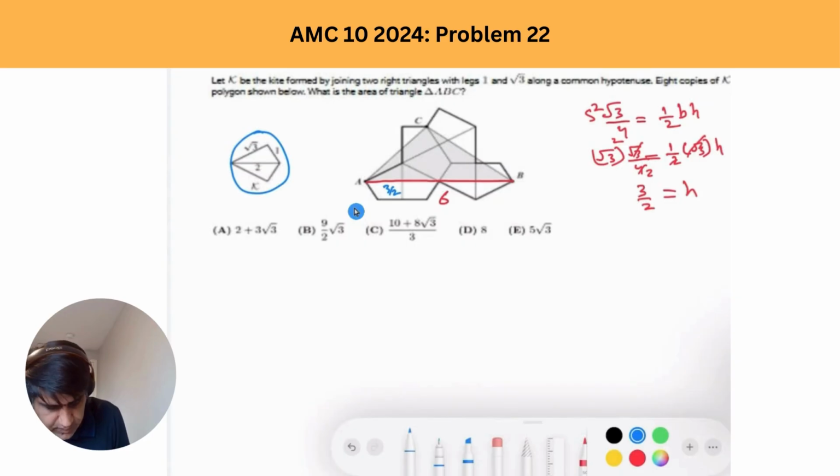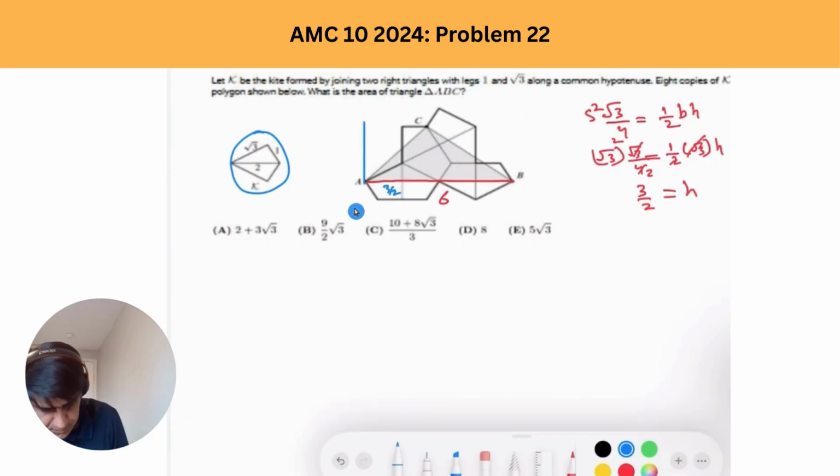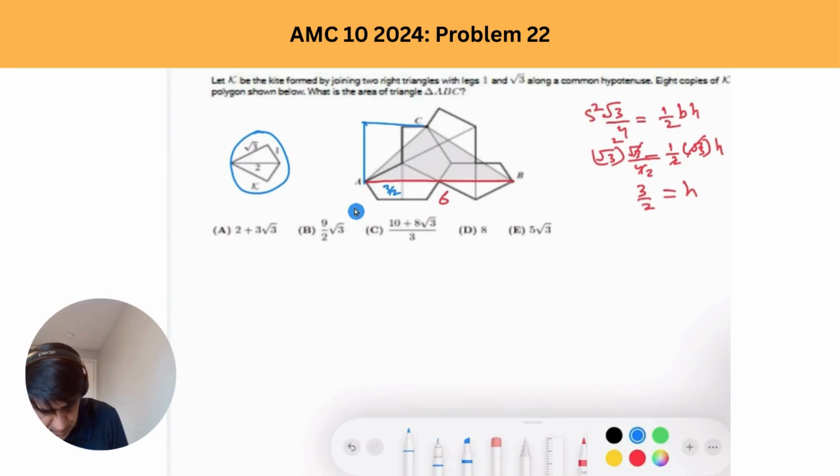So to find the height, what we can do is simply make use of this diagonal, and then we can find this height.